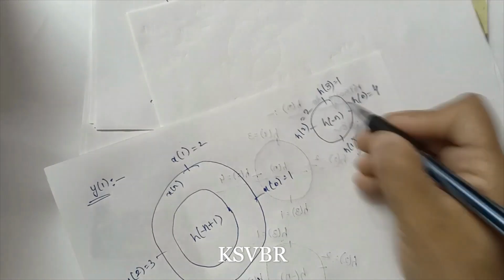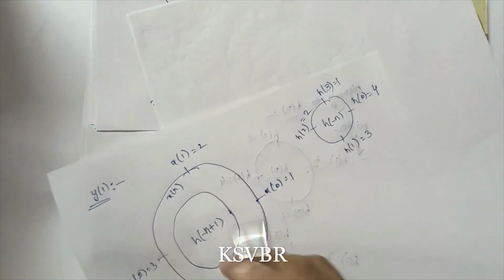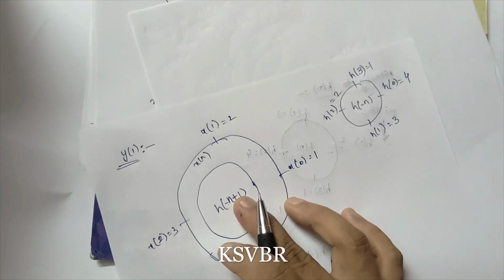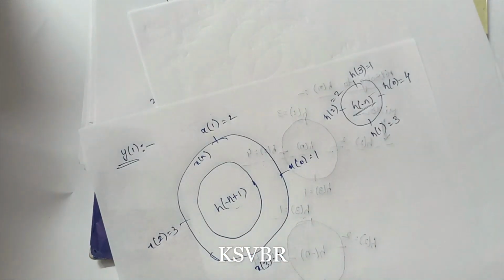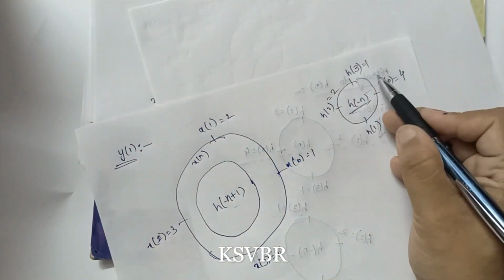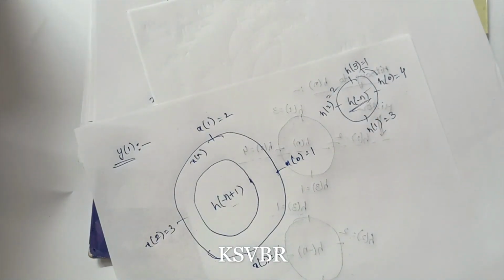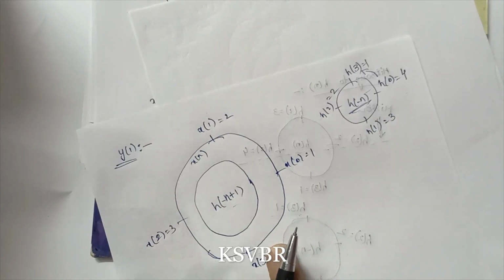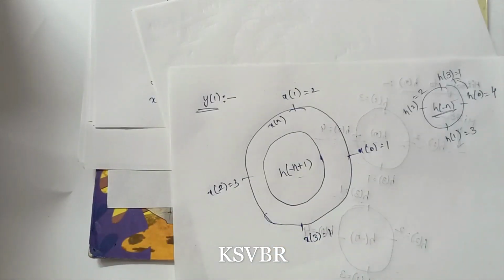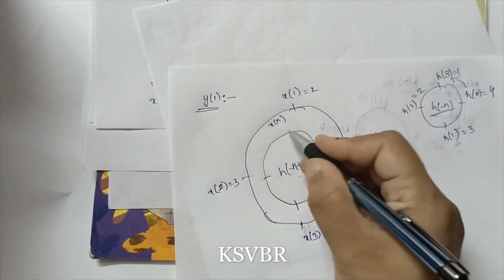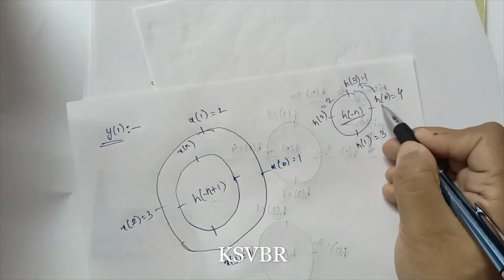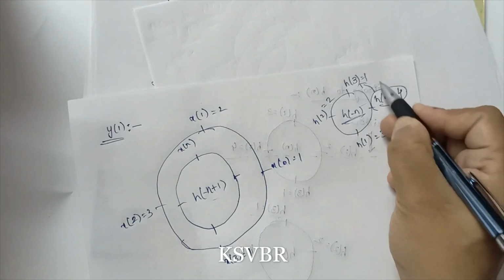This is the way. So h of minus n plus 1 we want according to the formula, right? So how will h of minus n come? It has to shift in the anti-clockwise direction. So remember this point blindly: whenever we shift x of n and h of n in the anti-clockwise direction, h of minus n plus 1 will also be in the anti-clockwise direction. Okay, so let me tell you here. h of 0 will go to this place.